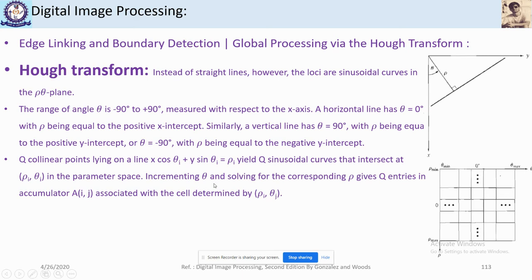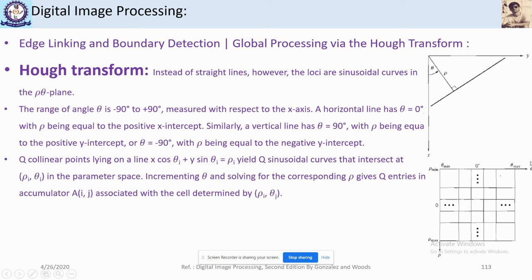Now, incrementing theta and solving for the corresponding rho gives us q entries in the accumulator A i j associated with the cell determined by this. Once we get the value of xy corresponding to each point in the xy plane, we vary the value of theta, that means from theta min to theta max.